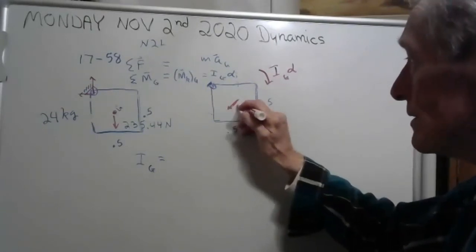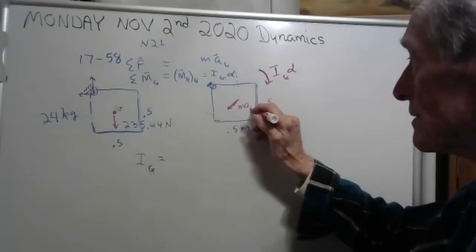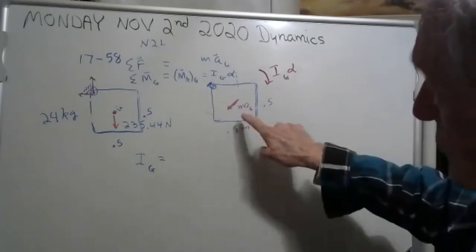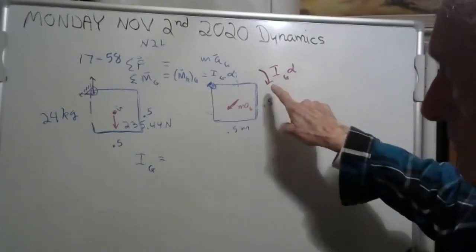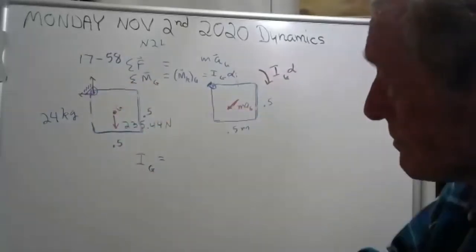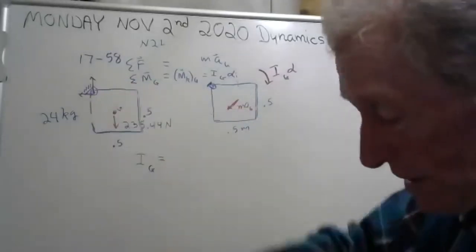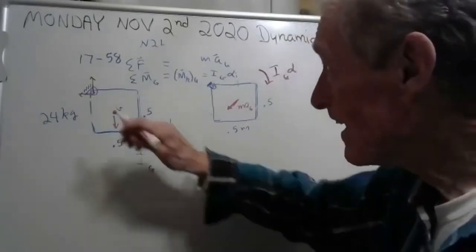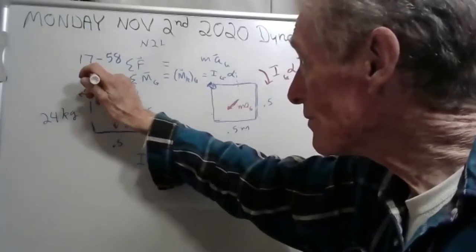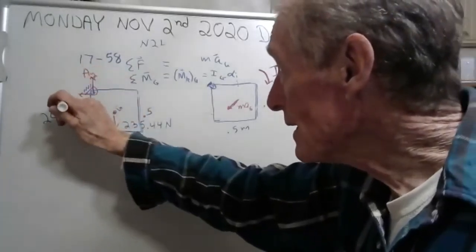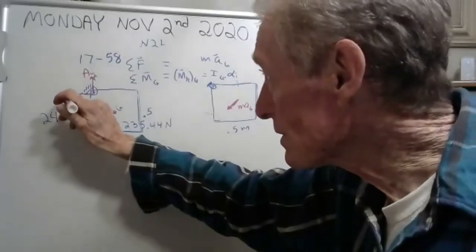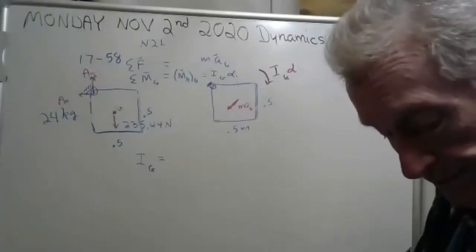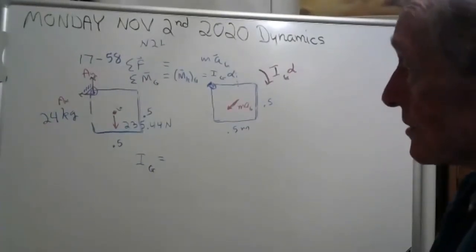There's your m a_G. That's your kinetic force, and that's your kinetic moment. These are your actual forces. We have that one, but we don't have these. Let's give them names. How about A_Y for that one, and A_X, and we can have X go over to the left if you want. We can have it any way you want. This is our problem. So there's our two diagrams.